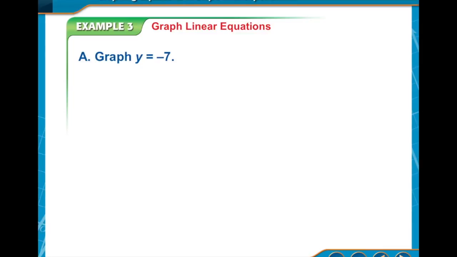Now, 3a tells us to simply graph the line y equals negative 7. Now, we've talked about these special cases where you have y equals a number. And then there's another special case where you have x equals some number.